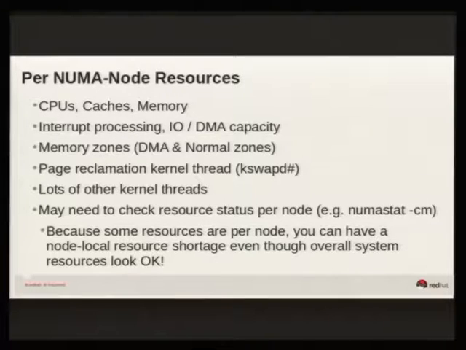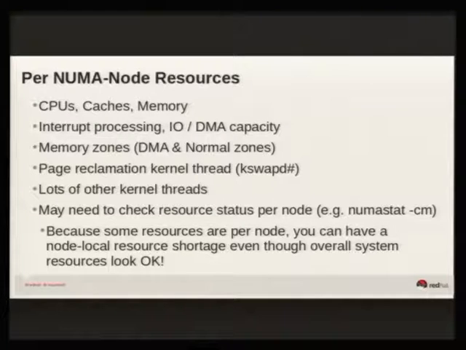So if you fork a process that starts running on a given node, it'll allocate the kernel stack and a lot of the slab cache data structures and so forth, so that when you trap into kernel mode and start doing a bunch of kernel activity, even the kernel will run NUMA aware.